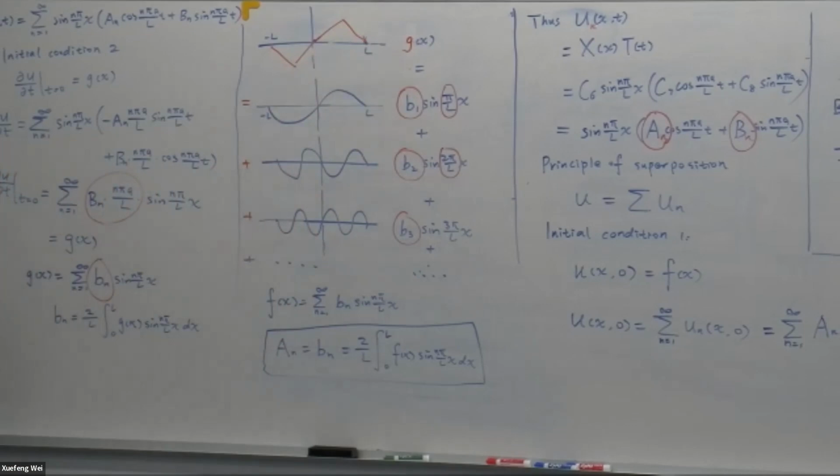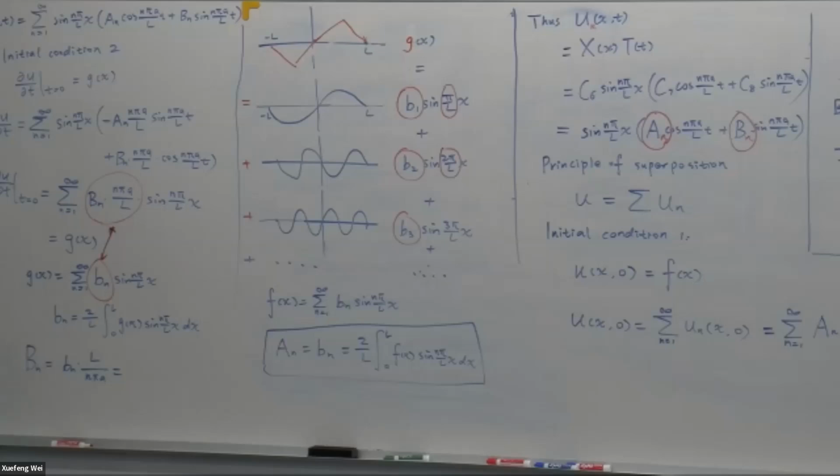Okay, so what is my Bn? My capital Bn has to be equal to this. So capital Bn will be the n times the reverse of that, L over n pi a, which is this times this.